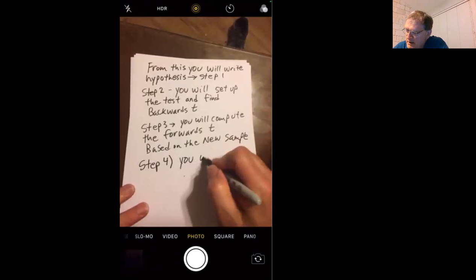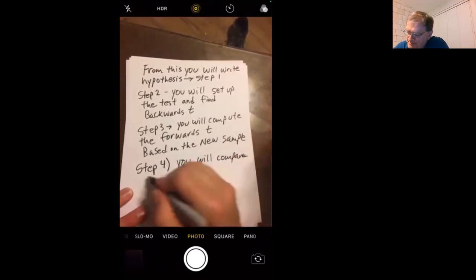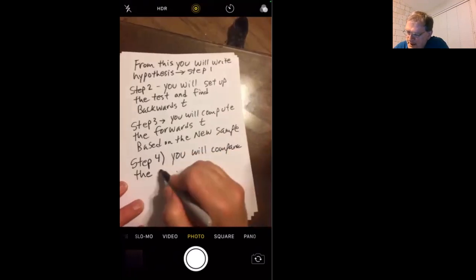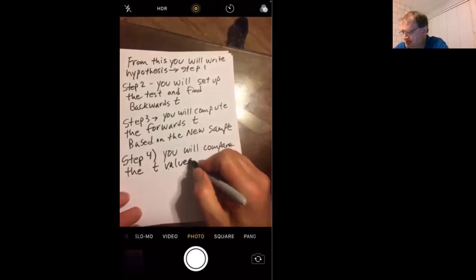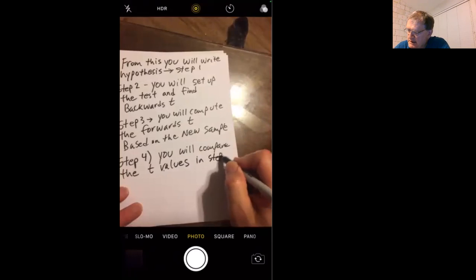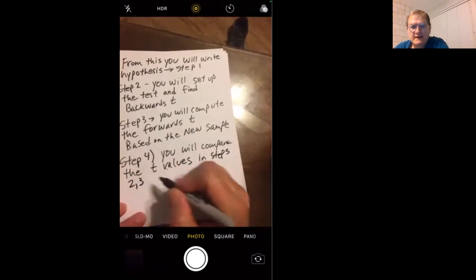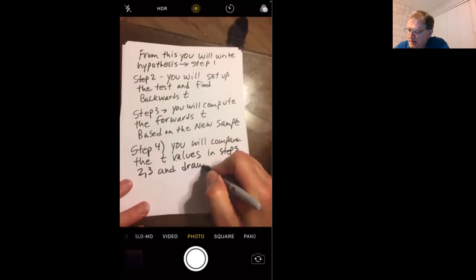You will compare T values from steps 2 and 3, and draw a conclusion.